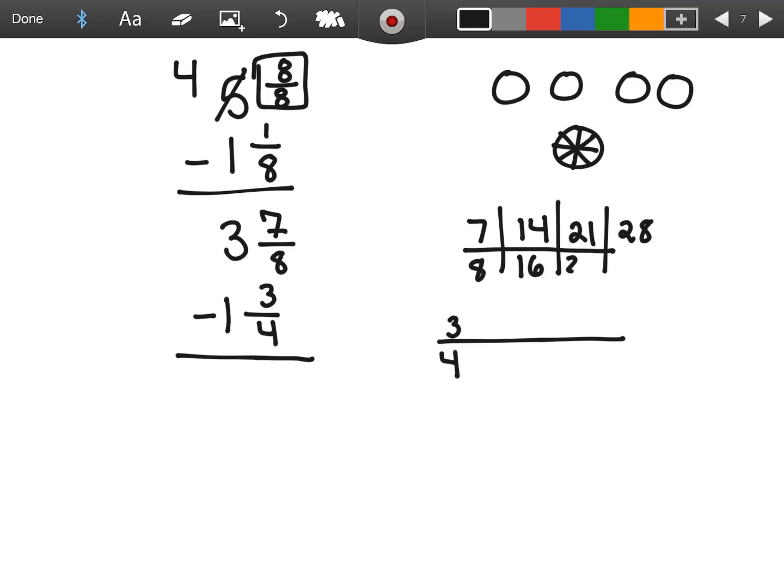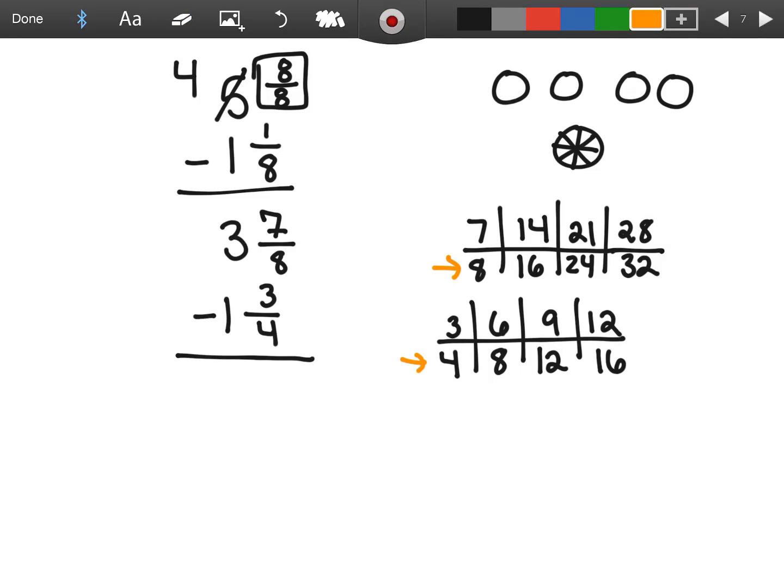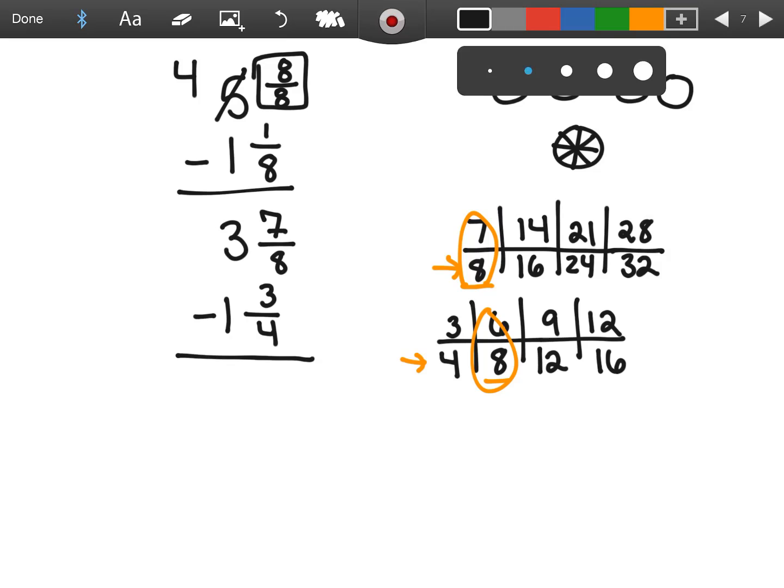Let's count by 8s. 8, 16, 24, 32. Count by 3s. 3, 6, 9, 12. And by 4s. 4, 8, 12, 16. Looking at the denominators, I want to find the smallest number in common. And it looks like it's 8. So our two fractions are 7/8 and 6/8.